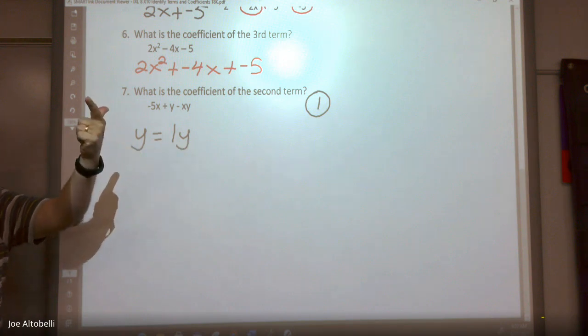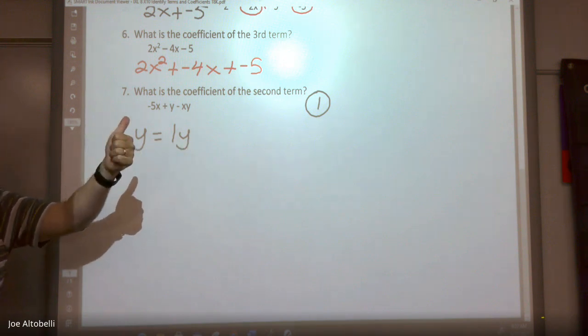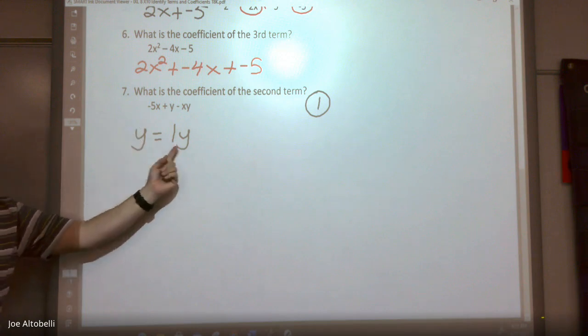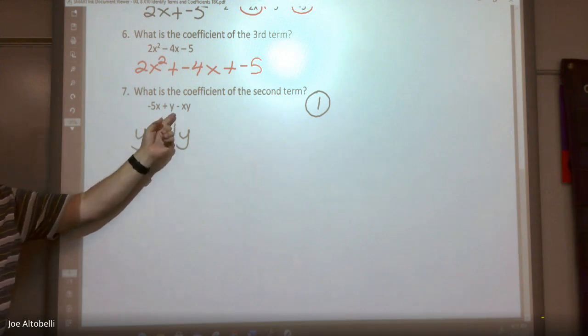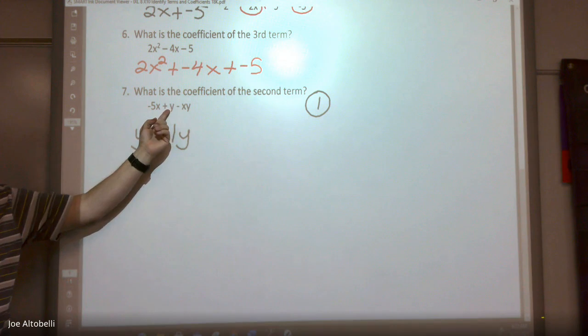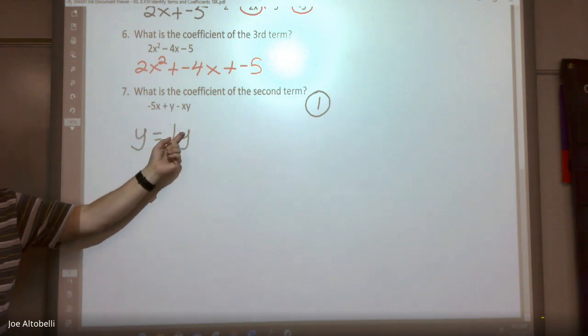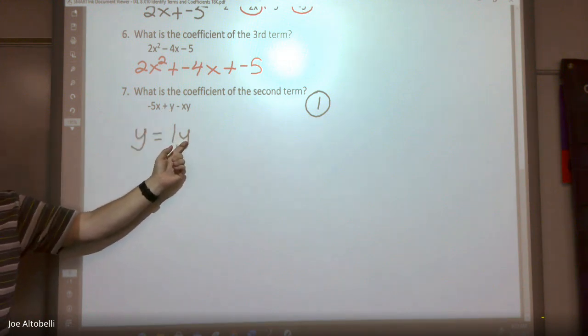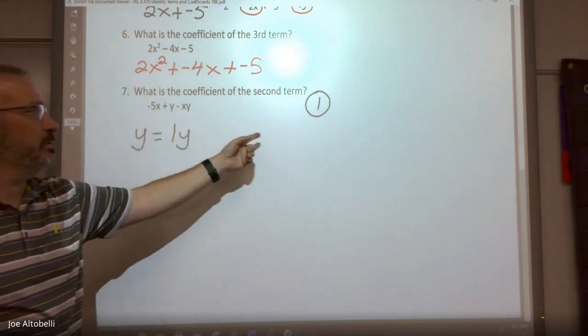A shoe, 1 shoe, same thing. Y, 1y, same thing. So what is the coefficient? Even though there isn't a 1 written there, it's supposed to be understood. It's 1y. Okay, so the coefficient would be 1.